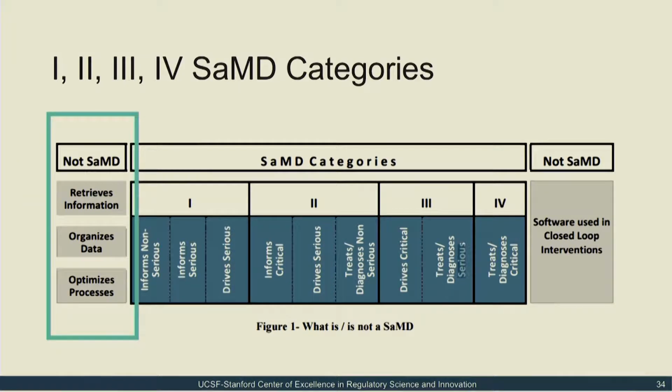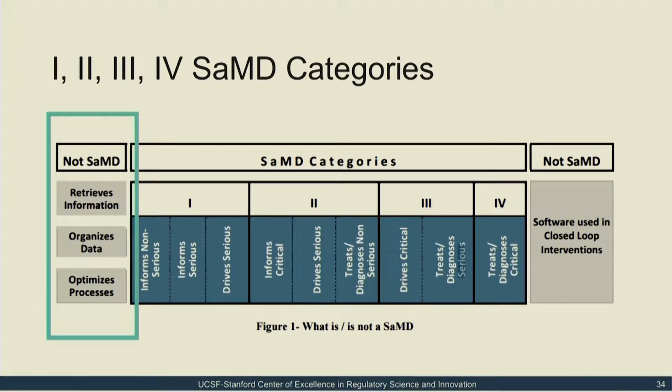A further and equally important consideration is what is not in any of these 4 categories. For example, software including a mobile app that relies on, retrieves, or organizes data from a medical device, but does not have a medical purpose, is not software as medical device. Software that enables clinical communication and workflow, including patient registration, scheduling visits, voice calling, and video calling, is not software as medical device.